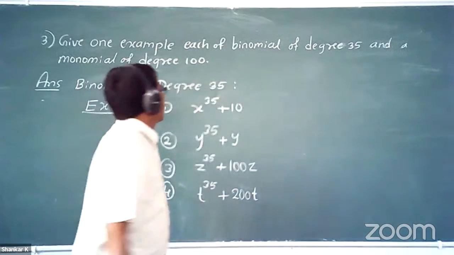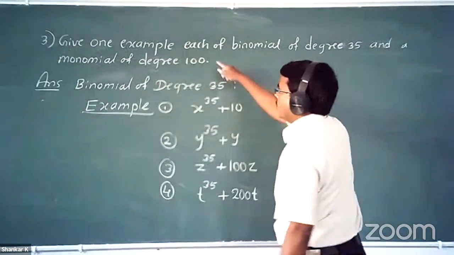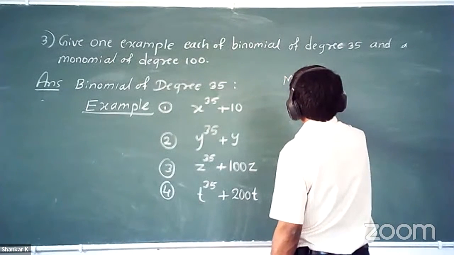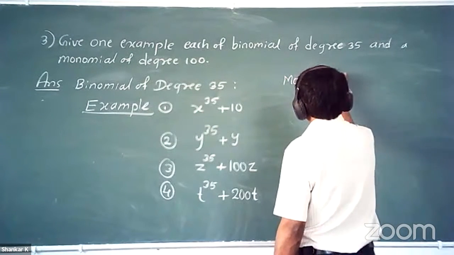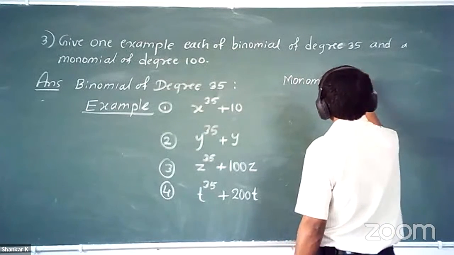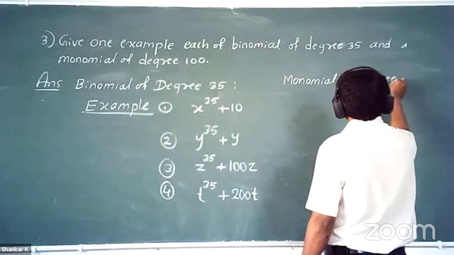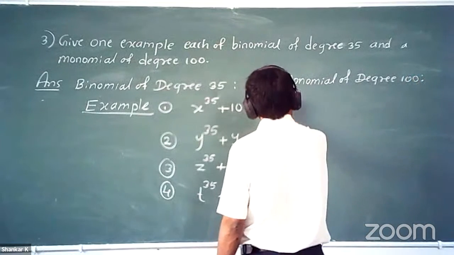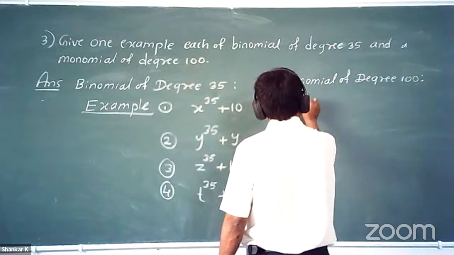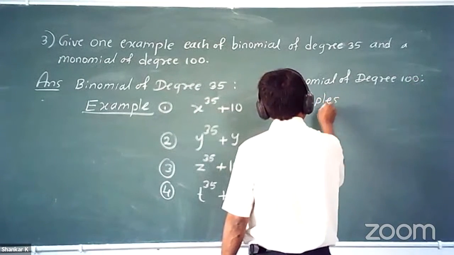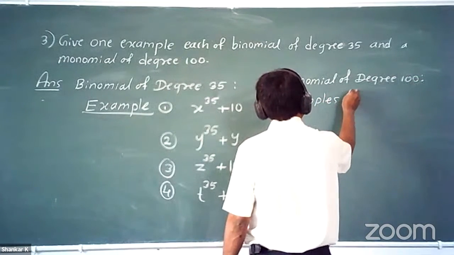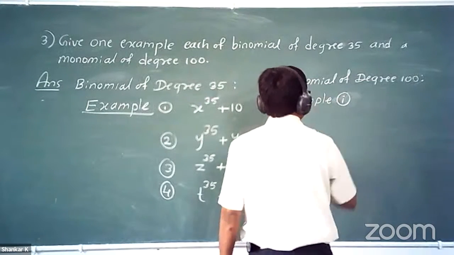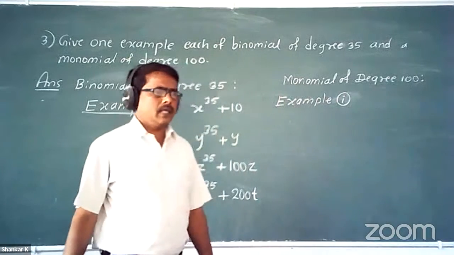Understood now? Now, monomial of degree 100. Monomial of degree 100, for this example. Who wants to tell? Degree should be 100.